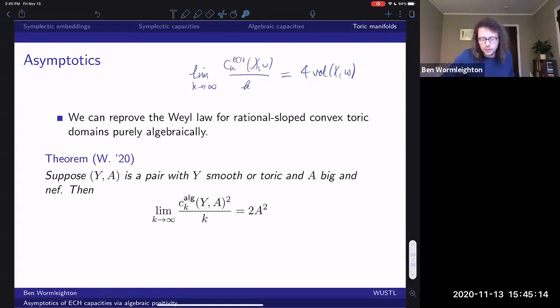There's a factor of 2 floating around due to normalization, but we can reprove this for rational sloped convex toric domains purely algebraically. In fact, that's part of a more general theorem from my algebraic capacities paper.